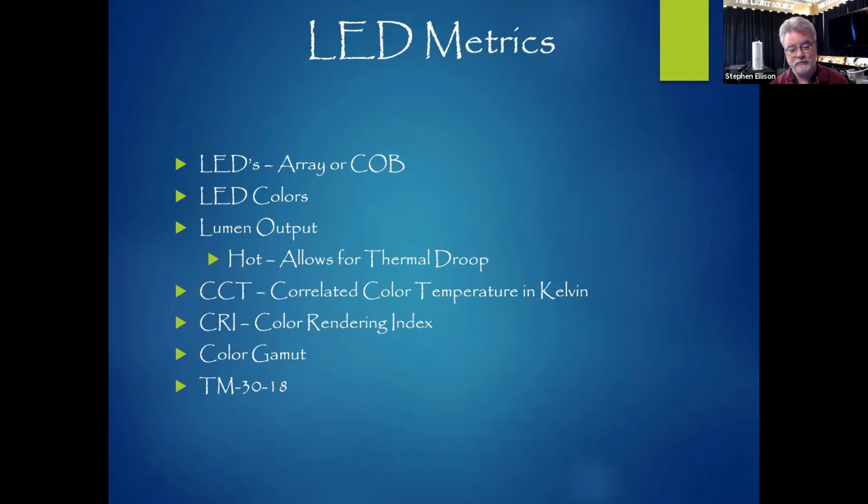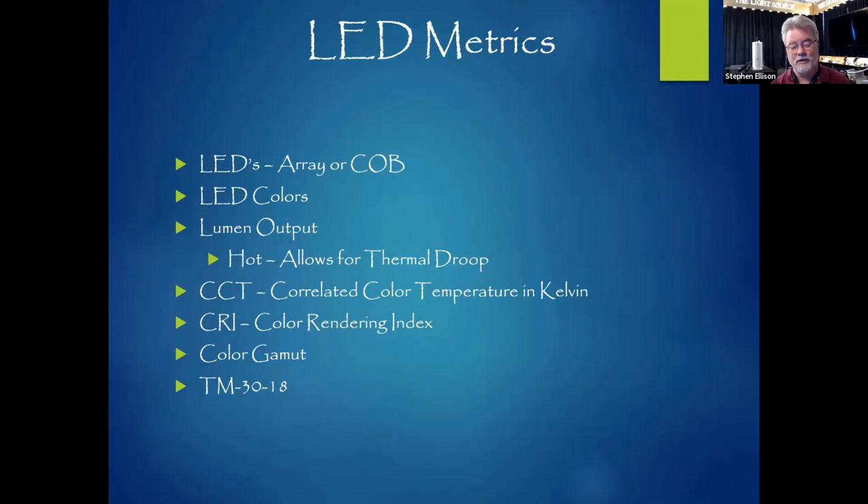Lumen output. How much is that LED putting out? That's an important thing to talk about. And everybody's going to tout that their lumens are better than the next guy's. Well, one thing to think about is, when did they make that measurement? You'll see a lot of people say it's hot lumen output. Well, what is hot lumen output?